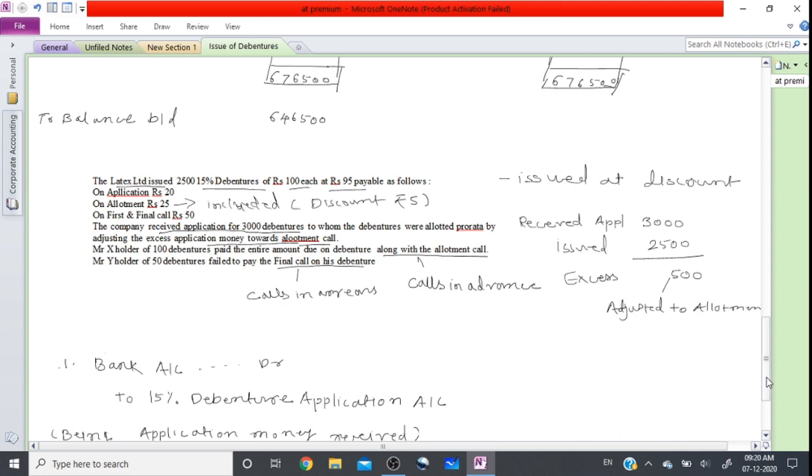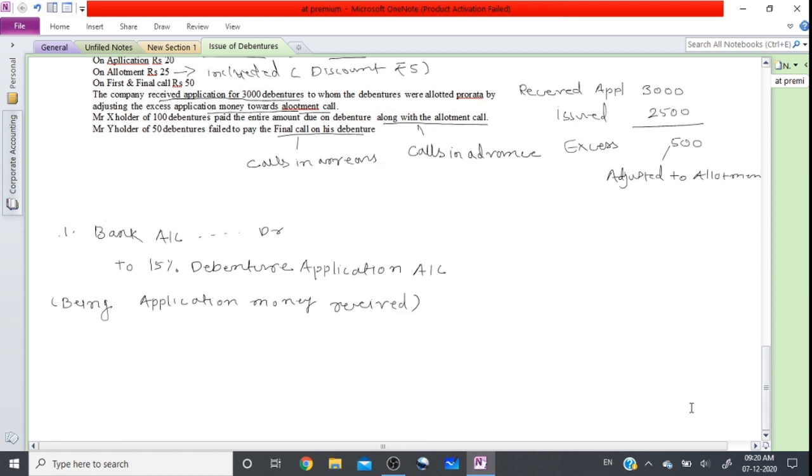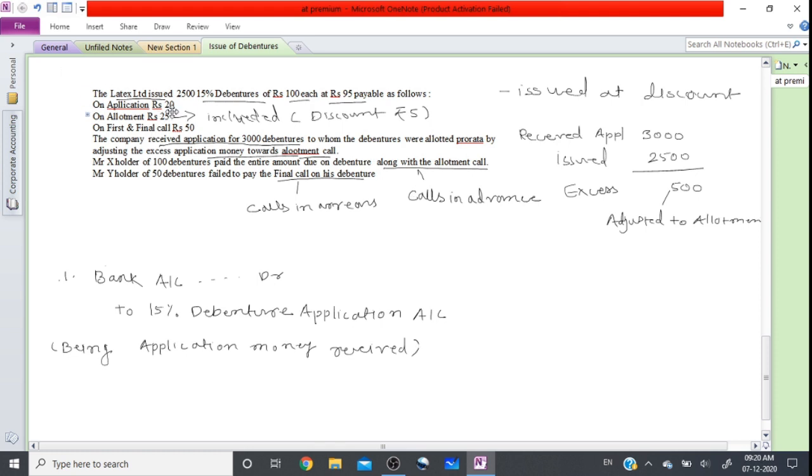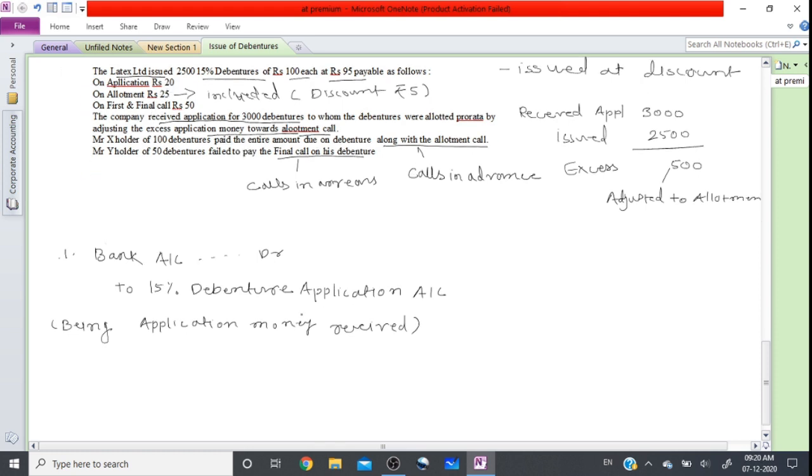Okay, so how much money received here? Received applications are 3000 and application money is 20. So 3000 into 20, it is 60,000.